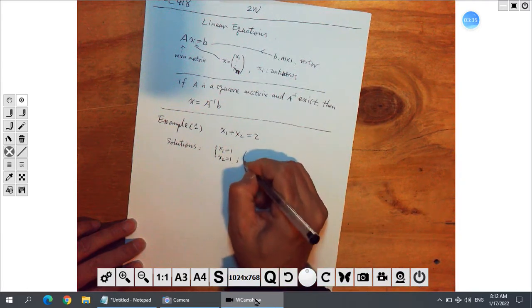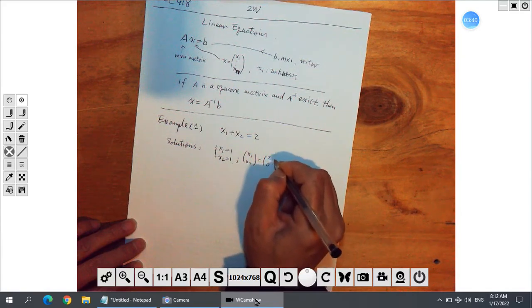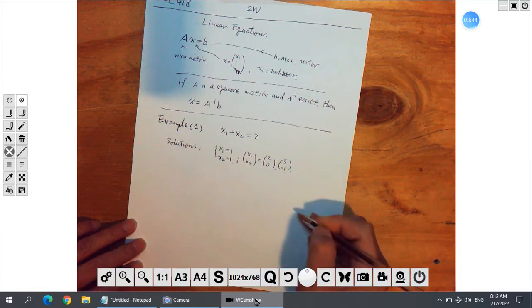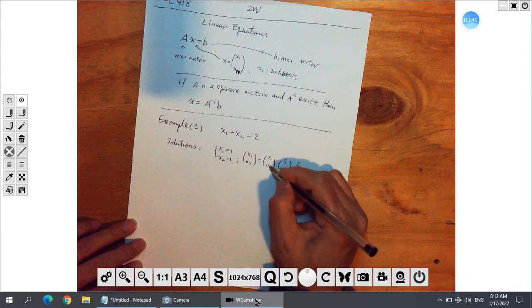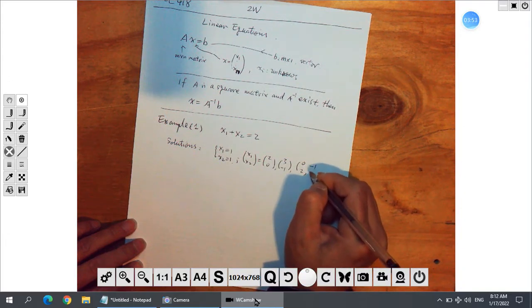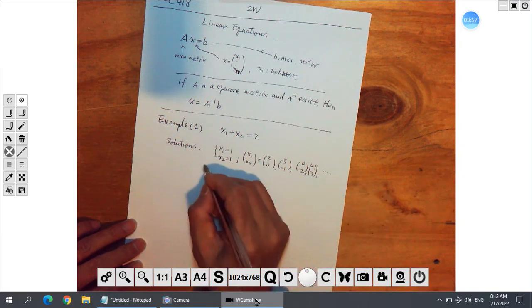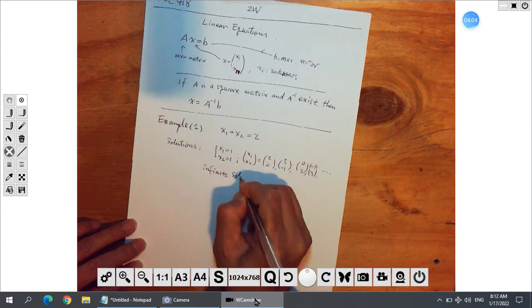Or x1, x2 equal to 2 and 0, 3 and negative 1. And if we reverse the location, 0 and 2, and negative 1 and 3, and so on. So we have infinite solutions.